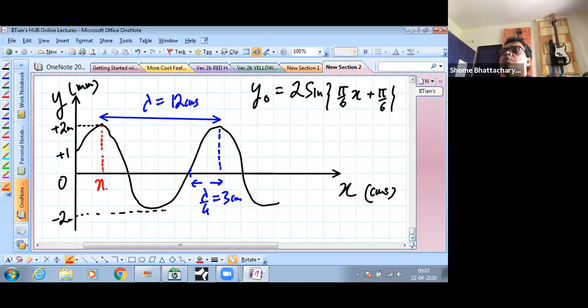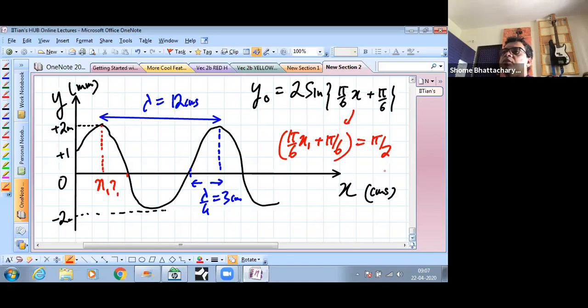Now one more thing: if we want to find out how much this point is, or this point here, we can use this equation. What should happen is that pi by 6 x1 plus pi by 6 should be equal to pi by 2, because you can see this is the first point on the graph at which the sine term is reaching plus 1.